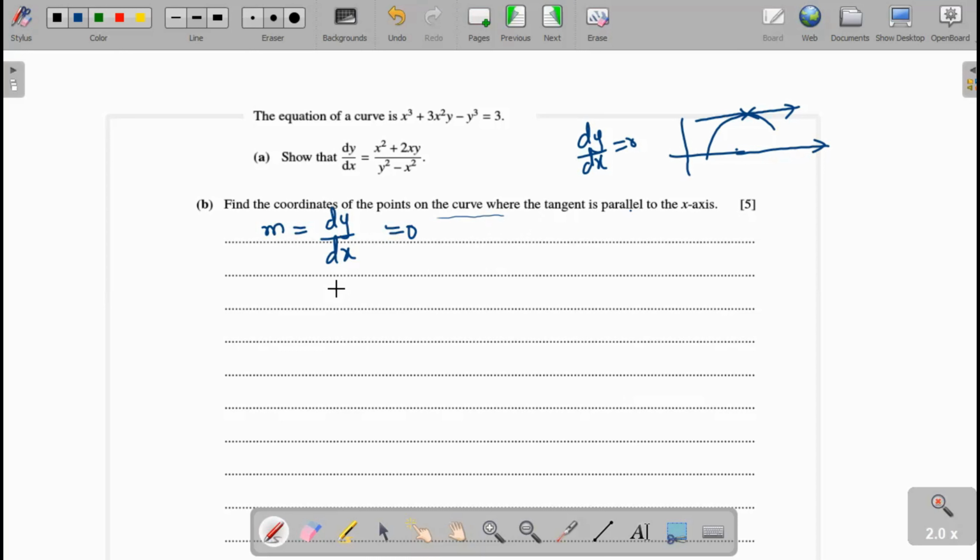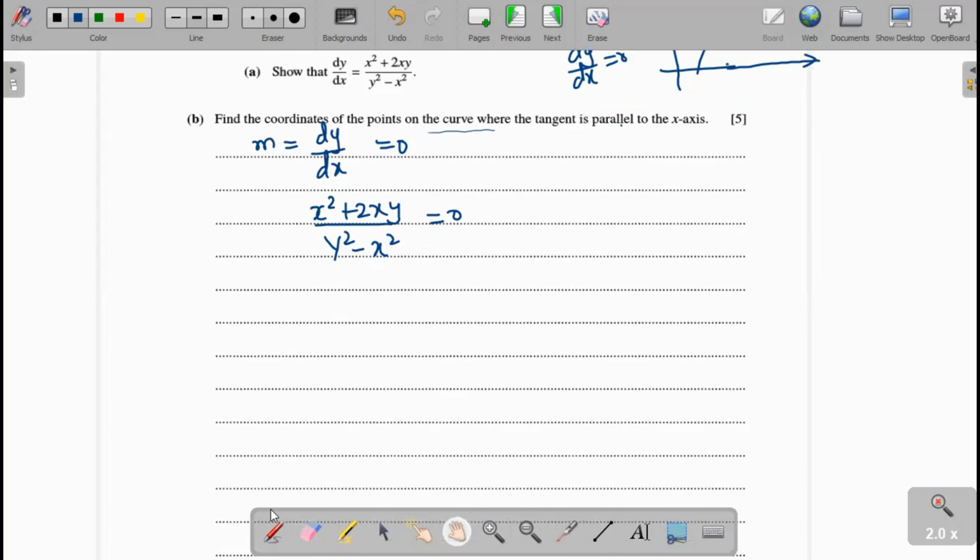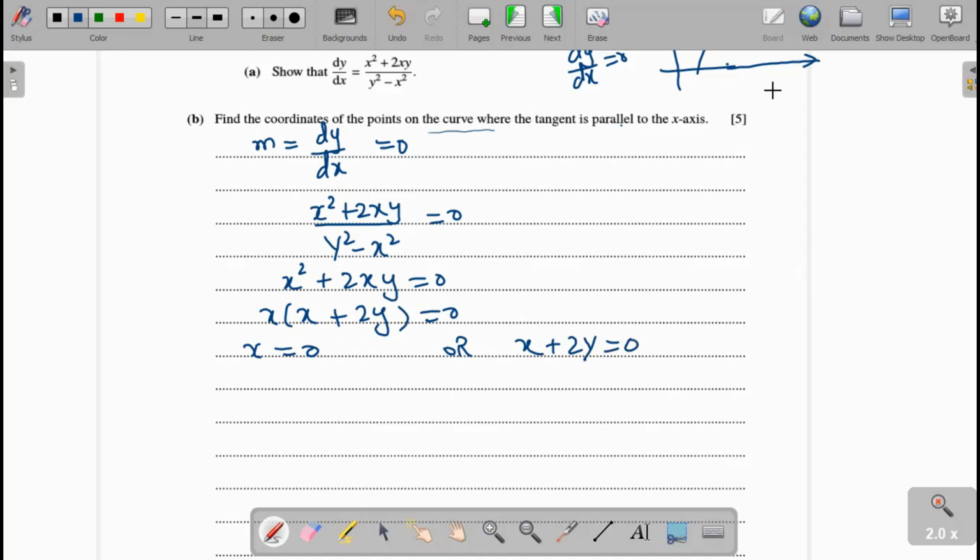So (x squared plus 2xy) over (y squared minus x squared) equals 0. The expression will be 0 if x squared plus 2xy equals 0. Taking the common factor, x times (x plus 2y) equals 0. Either x equals 0 or x plus 2y equals 0.